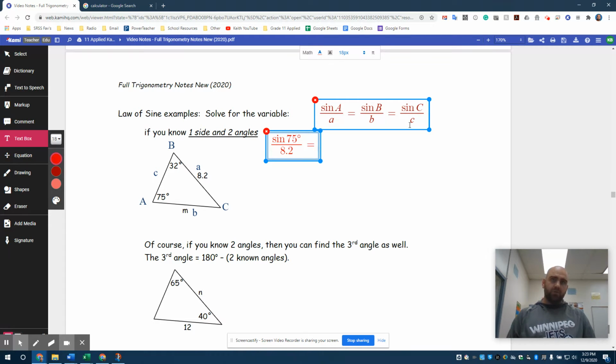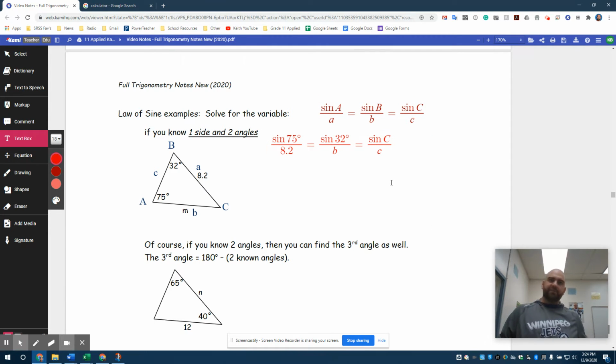And that's equal to sine of 32 degrees over little b, which we don't know, and sine of big C over little c. Okay, so this is filling in our information from sine law.